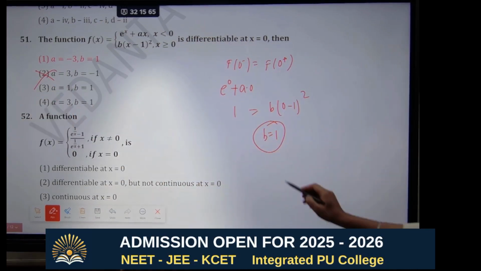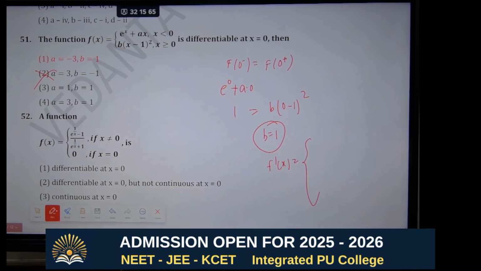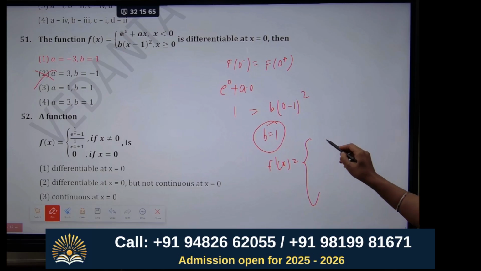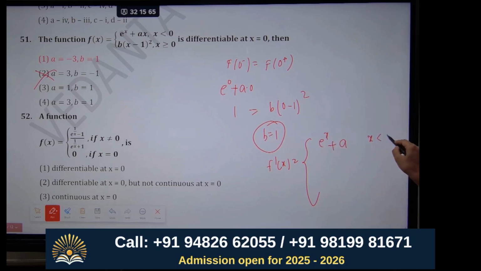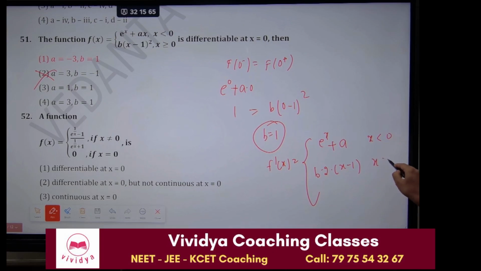Since it is differentiable also, differentiate it. Directly differentiate and check: what is the differentiation of e to the x? e to the x. What is the differentiation of ax? a. What is the differentiation of b, constant, times x minus 1 whole square? 2b times x minus 1. And since it is differentiable, f dash 0 minus will be the same as f dash 0 plus.